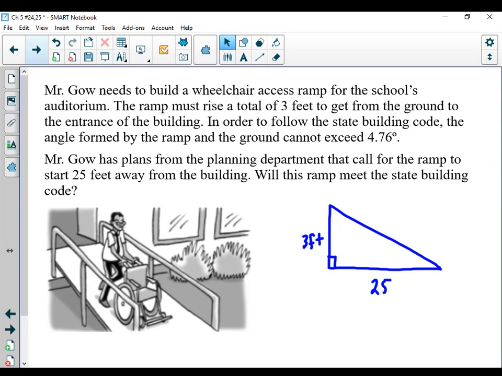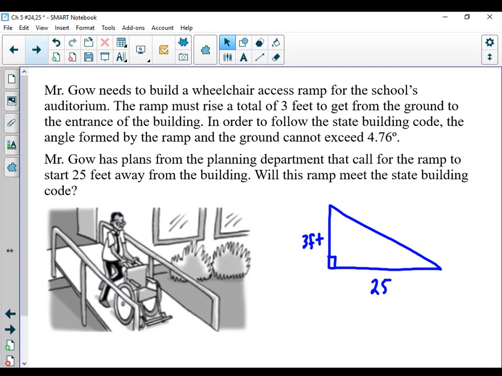So if I were to cross multiply, I've got tangent 4.76, which the calculator can actually tell me eventually, times X. And it's got to equal 1 times 3. So let's write that, tangent of 4.76 X equals 3. Well, if I want to get X by itself, I've got to divide by that. So ultimately, to get my answer, I'm going to do 3 divided by the tangent of 4.76.